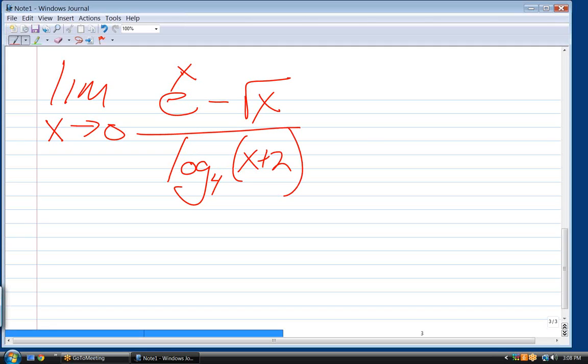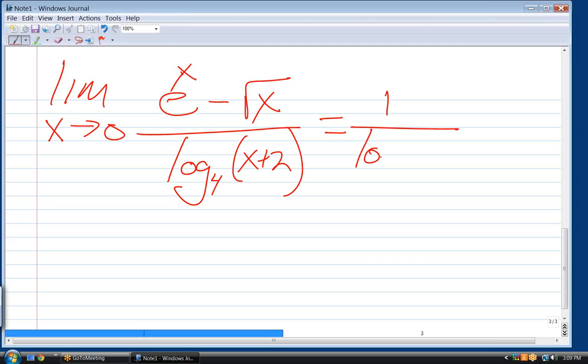And that's cool, because the top doesn't either. What's the top go to? Let's just do direct substitution. Well, it's 1 minus the square root of 0. 0. So the top is just 1.